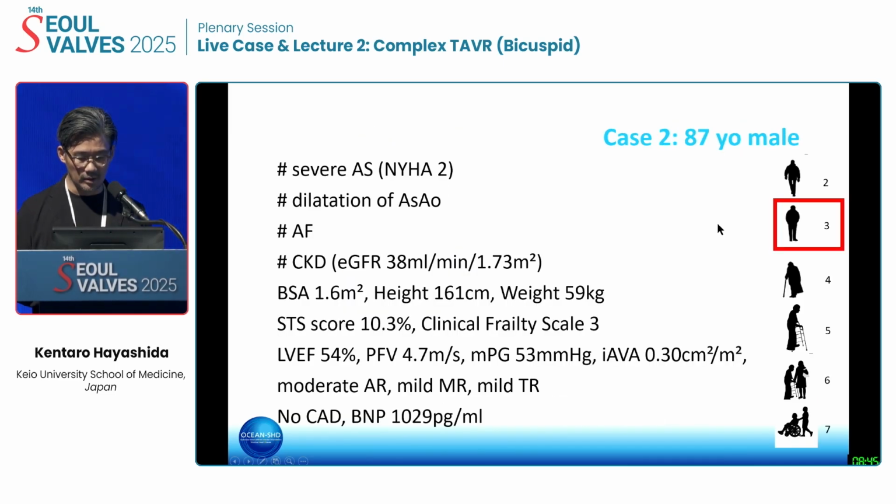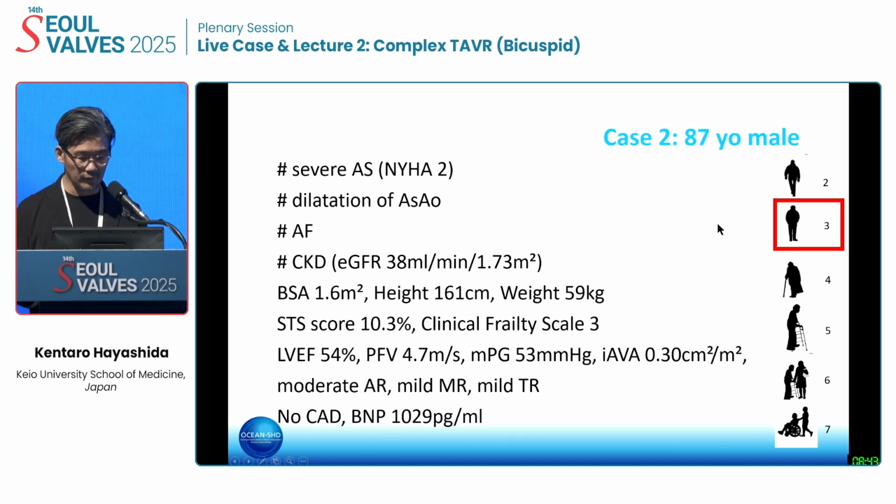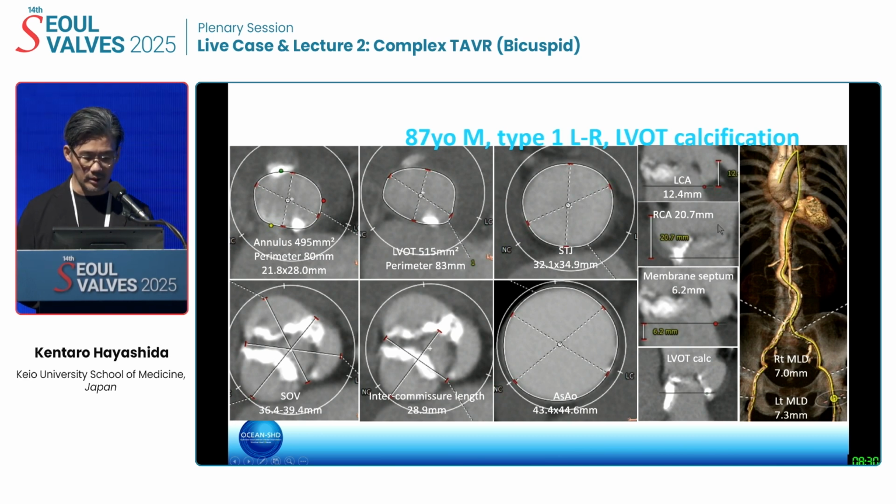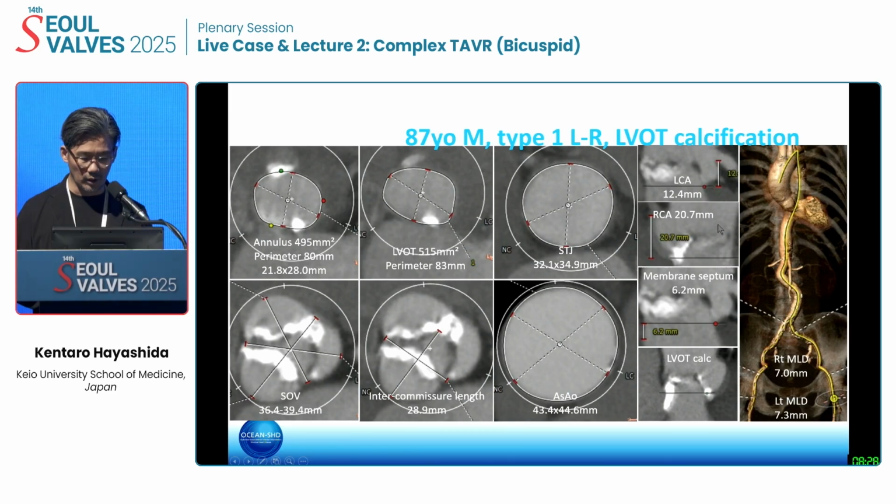And this case is an 87-year-old male who developed severe aortic stenosis and peak flow velocity was 4.7. And you can see the LVOT calcification at the 5 o'clock. And the perimeter was 80 and aortic annulus 495.